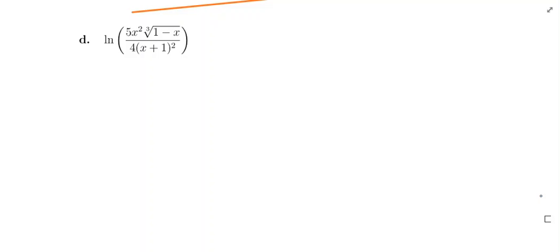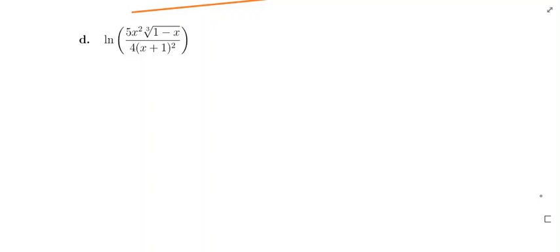Overall, are you taking the logarithm of something times something, something divided by something, or something to a power? There's a lot going on here, but overall, this is the logarithm of a fraction.